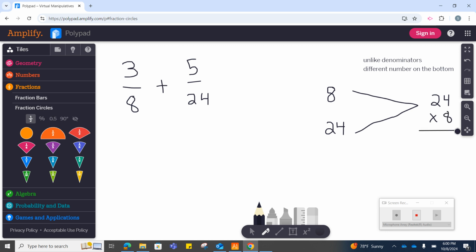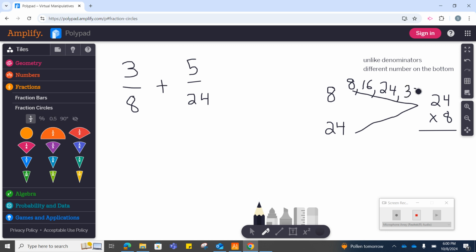8 times 1 is 8. 8 times 2 is 16. 8 times 3 is 24. 8 times 4 is 32. And you could keep going like that, but let's just see what we have here.